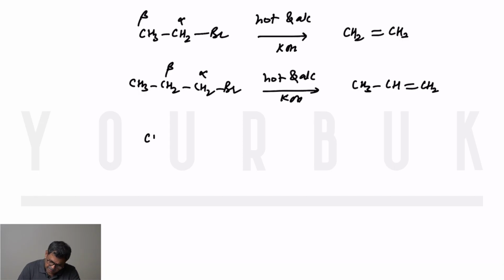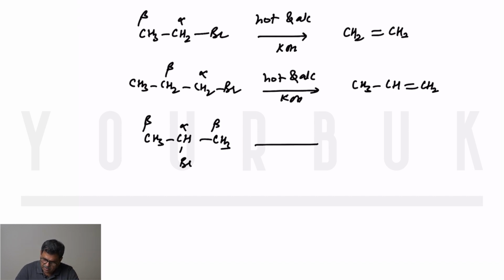Next example, CH3CHBrCH3. Slowly we will increase the level also. This is the alpha carbon. There are two beta carbons, but both the beta carbons are identical. So I can remove H plus ion from any beta carbon.